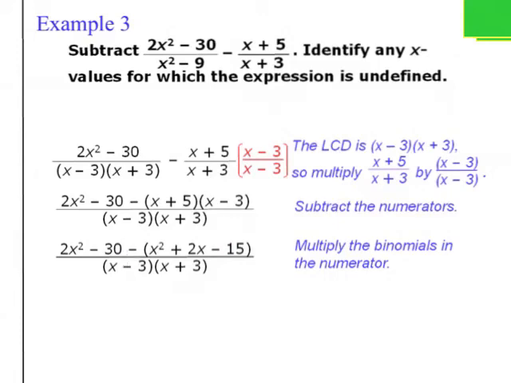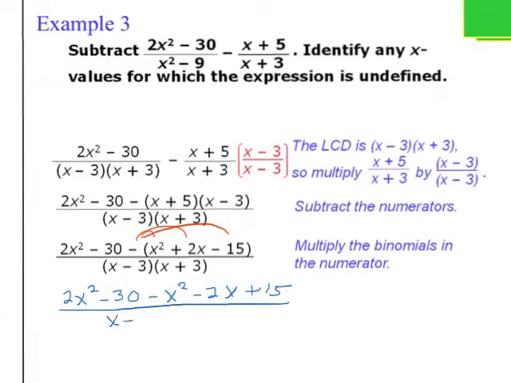So if I distribute that negative to each one of these, I will get 2x squared minus 30 minus x squared minus 2x plus 15. Now, make sure you distribute that negative to all three terms. So don't forget to do that. And that's going to be over top of the x minus 3, x plus 3.